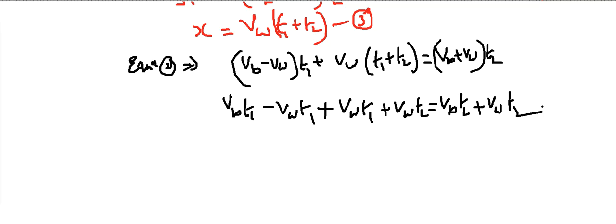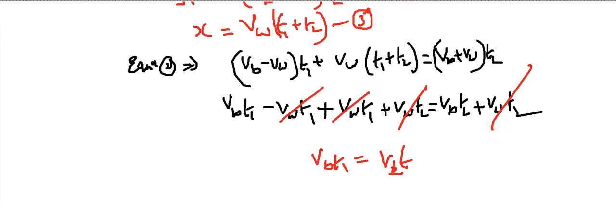Now in this, if you observe the terms, here Vw T1 has a minus sign, and this Vw T1 has a plus sign. Here Vw T2, here Vw T2, so they cancel. The remaining is Vb T1 equal to Vb T2.